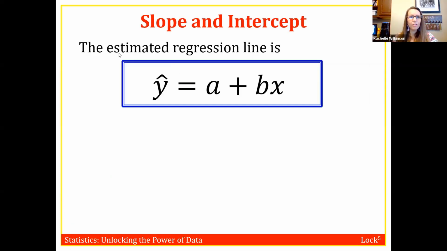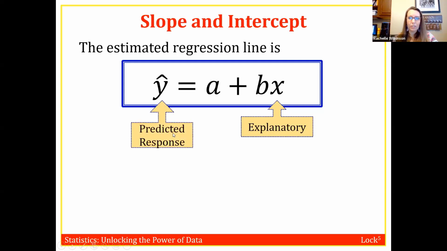Okay, so here is what our regression model looks like. We're going to have y hat is equal to a plus bx. So x over here, that's just going to be our explanatory variable. And then y hat is the predicted response. So one of the purposes for creating this model, creating this regression line, is going to be to make predictions.